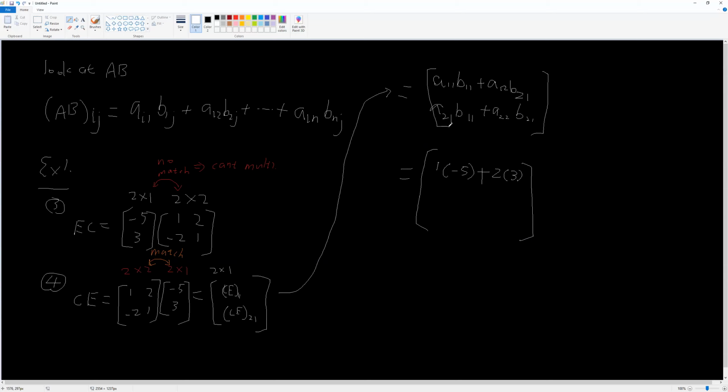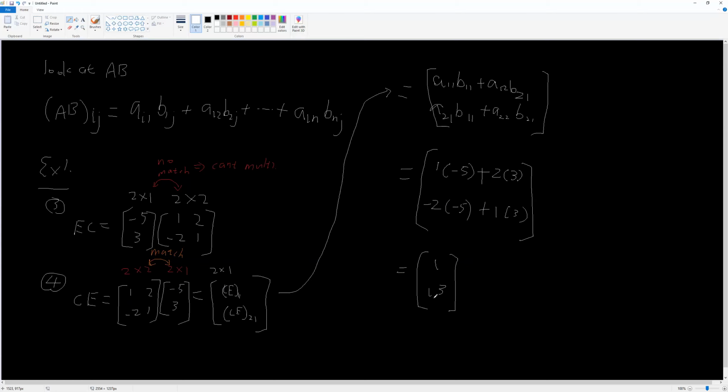Next, A21, B11: A21 right here, B11 right here, -2 times -5, plus A22, B21. A22 is 1, B21 is a 3, so 1 times 3. And then you just calculate each one of these. So -5 plus 6, that's 1. That's 10 plus 3, 13.